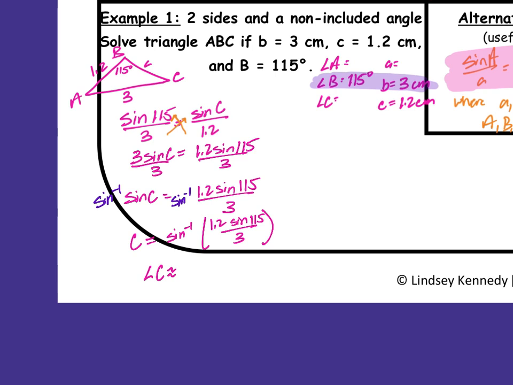21.3 degrees. And the other thing I like about Desmos is if you look at this, it looks almost exactly, barring the parentheses, what we have written down on our page, right? Sine inverse of 1.2 times sine of 115 divided by 3. That's another reason I like Desmos, because you can see if it looks like it looks on your paper, then it's right. If the 3 is only divided by the sine of 115, then there's something wrong.